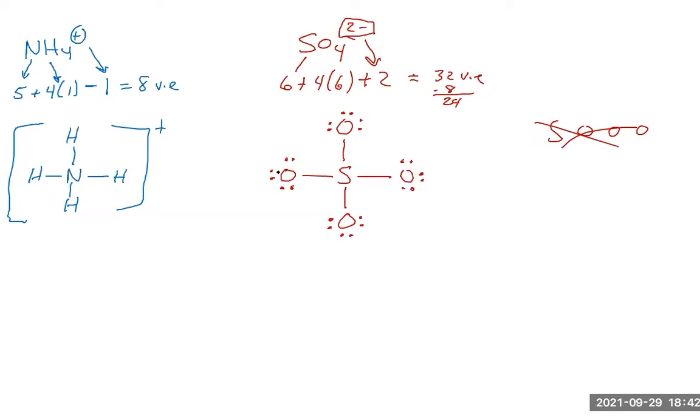I have now placed all 32 electrons, each of the oxygens 2, 4, 6, 8, the sulfur in the middle 2, 4, 6, 8. Everybody meets the octet rule. And this would be your proper structure here.